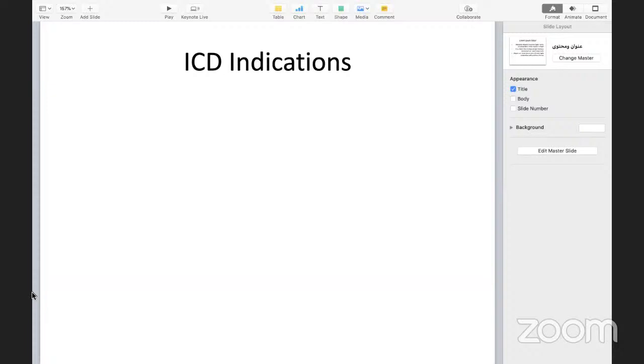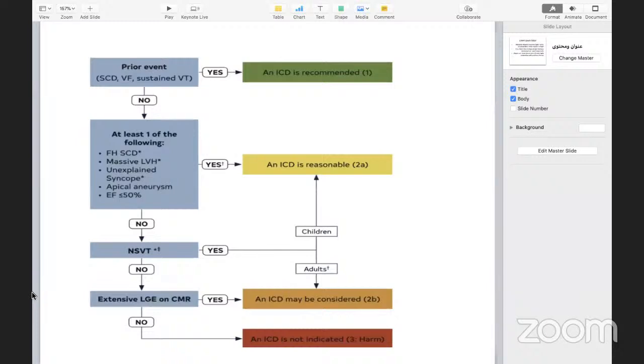For the ICD, it's one of the things to do to prevent severe symptoms or sudden cardiac death, for example. The indications are from the guidelines. If you have a prior event of sudden cardiac death or VF or sustained VTAC, then it's a class 1 to put an ICD for the patient.